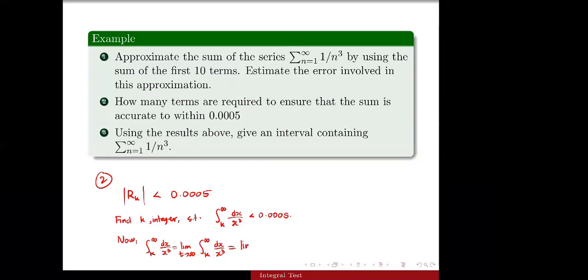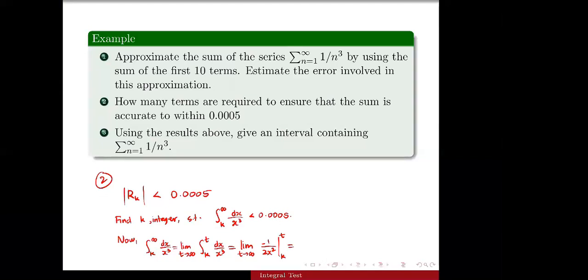This is equal to the limit as t approaches plus infinity of negative 1 over 2x squared, evaluated from k up to t.